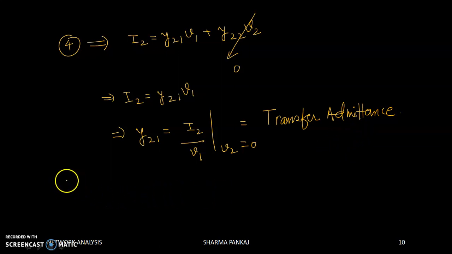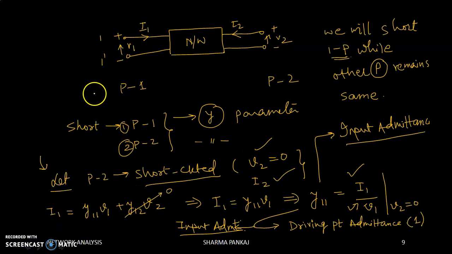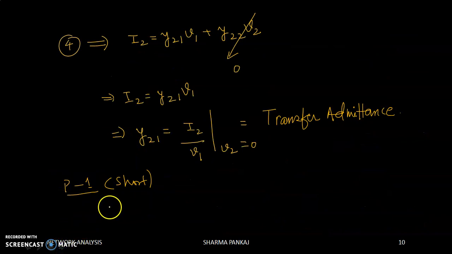Now port number 1 is short circuited. So what will happen? Just see. If port number 1 is short circuited, it means V1 will become 0, isn't it? When it is short circuited. So let us write this.